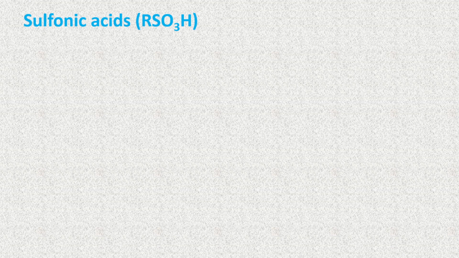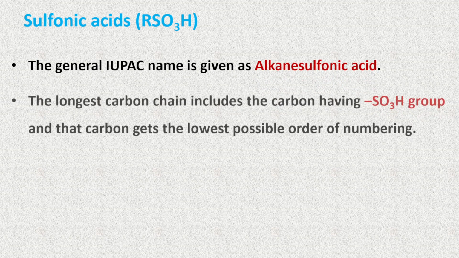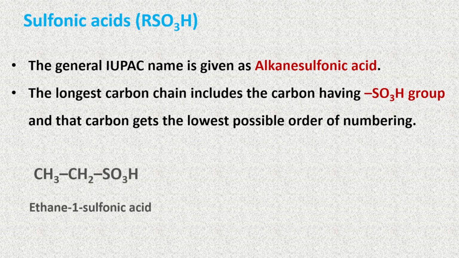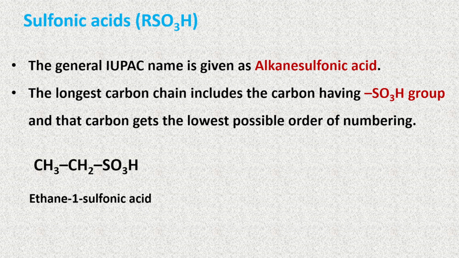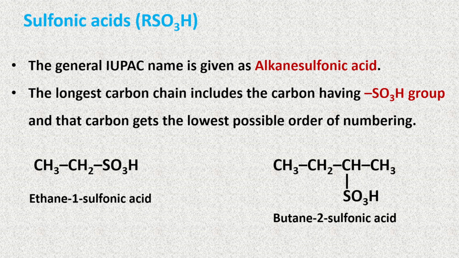Sulfonic acid. The general IUPAC name is given as alkane sulfonic acid. The longest carbon chain includes the carbon having the sulfonic group, and that carbon gets the lowest possible numbering. For example, ethane-1-sulfonic acid and butane-2-sulfonic acid.